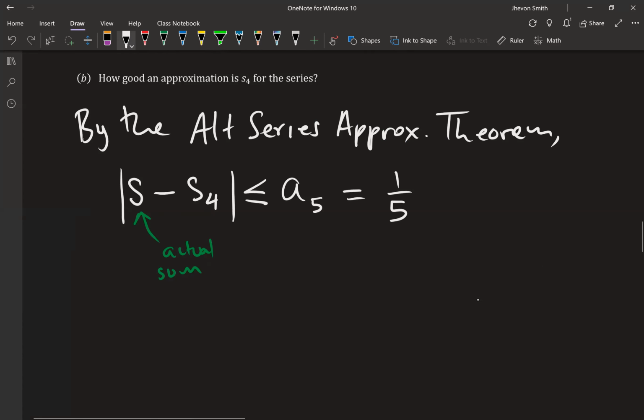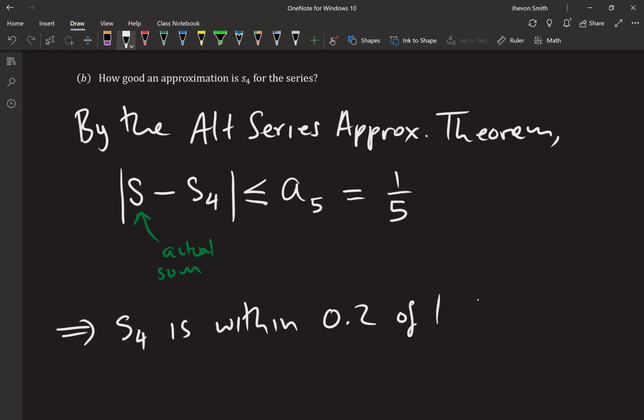So, in other words, S4 is within 0.2 of the actual sum, which is crazy that you can do that. If you add up an infinite number of terms, you're only going to be 0.2 away from adding up the first 4 terms.